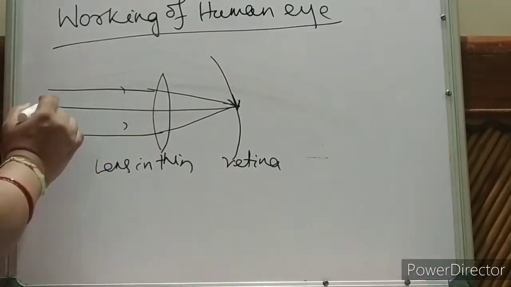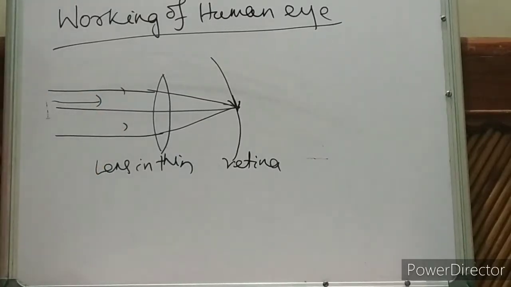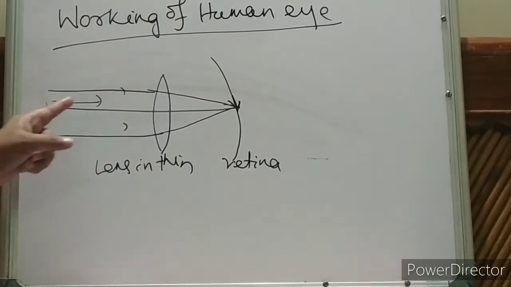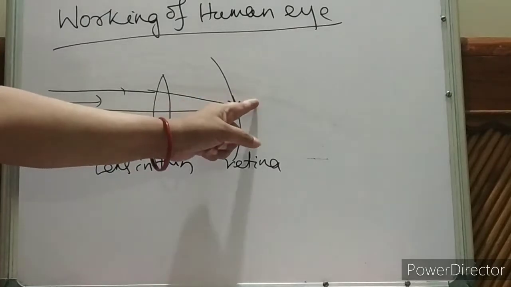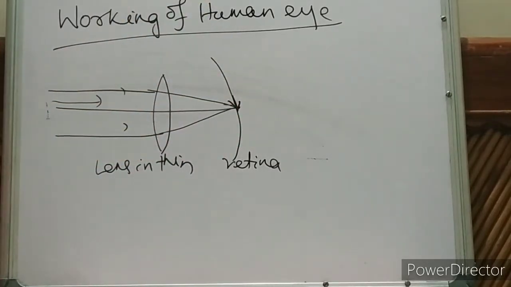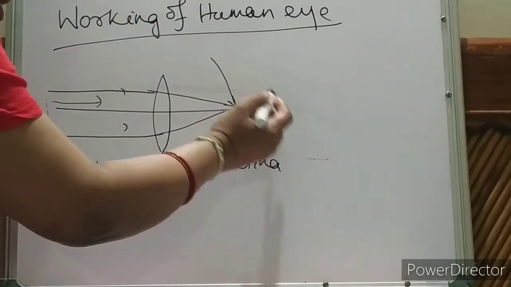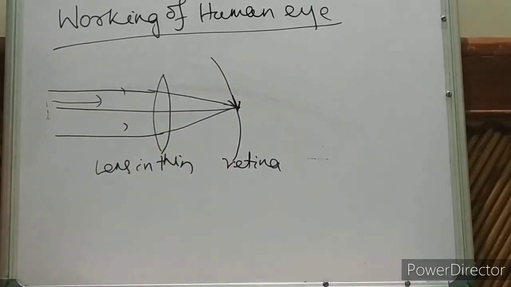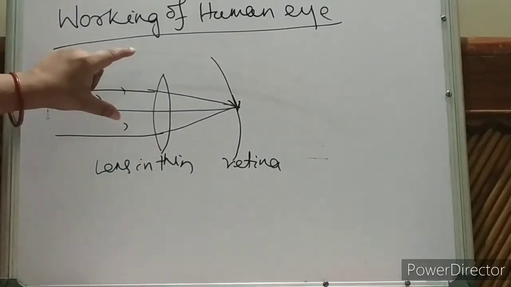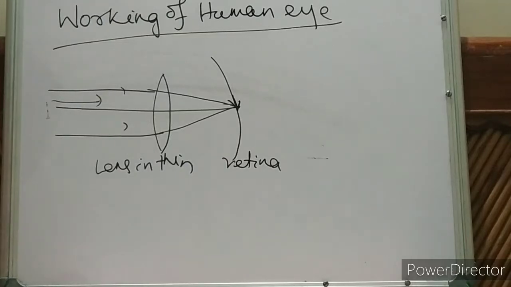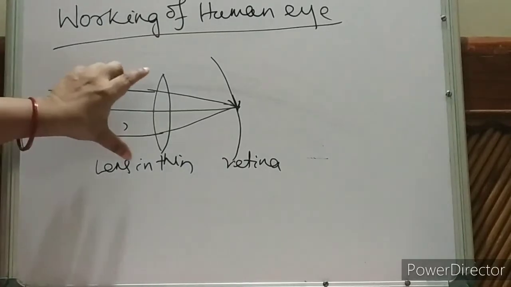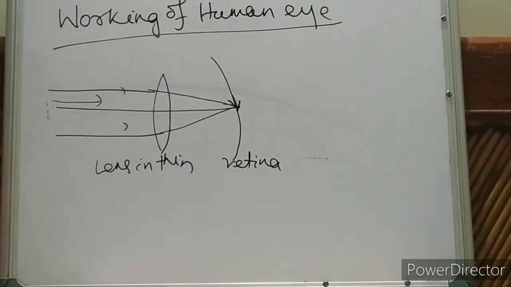When the object moves closer to the eye, then the image will form behind the retina. To bring the image back onto the retina, the lens needs to be thicker so that the rays can converge at a shorter distance.